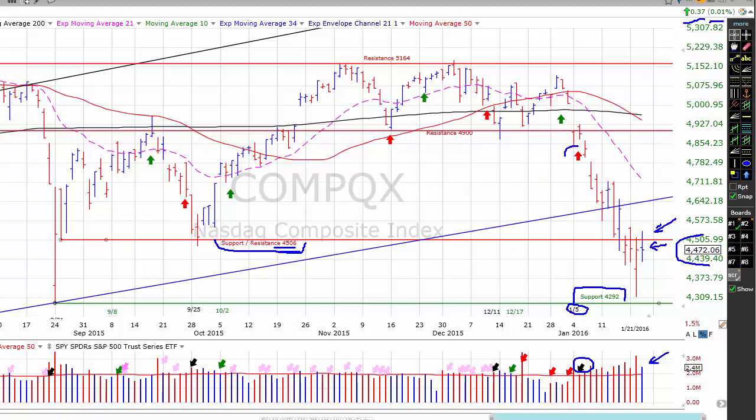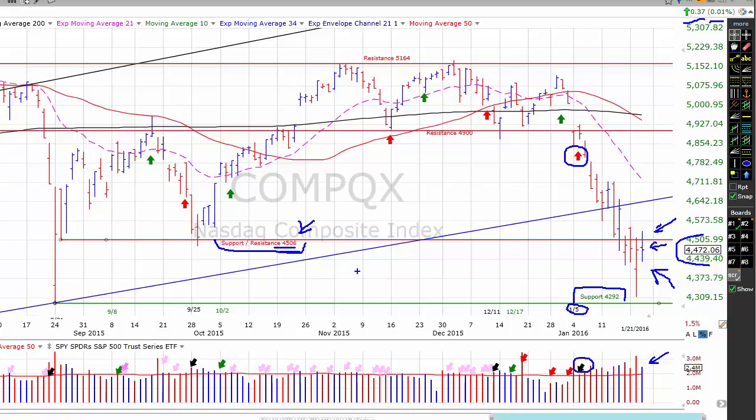Our market timing model is indicating a sell rating on the market, but we do have an aggressive buy signal. If the Nasdaq was to better the 45.06 area, I would say that aggressive traders can begin to dabble back into the market. More conservative traders will want to continue to accumulate cash.